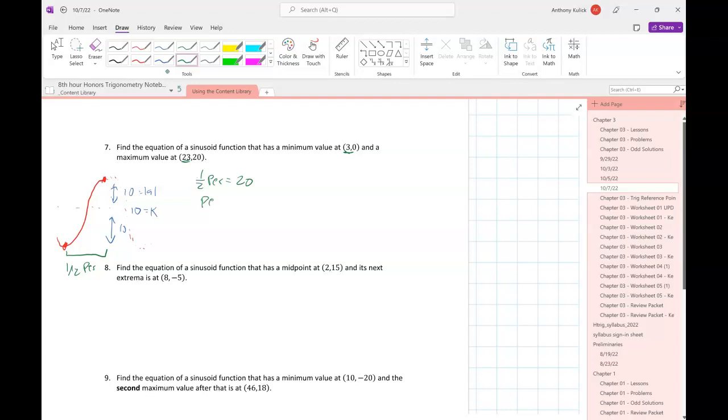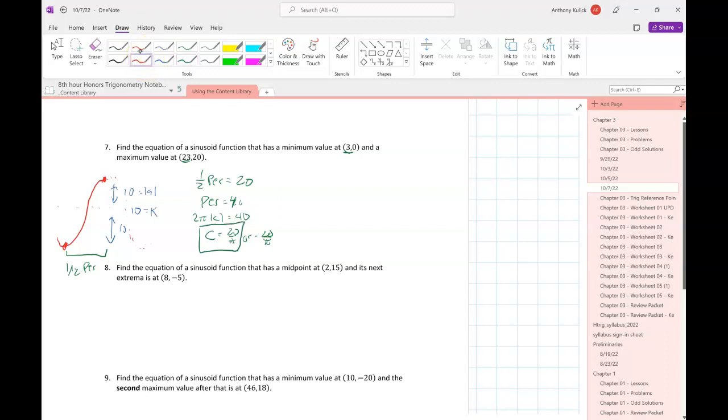So one period is 40. And I know a period is 2 pi times the absolute value of C. So C is going to be 20 over pi or negative 20 over pi. And we're always going to pick the positive option for C.